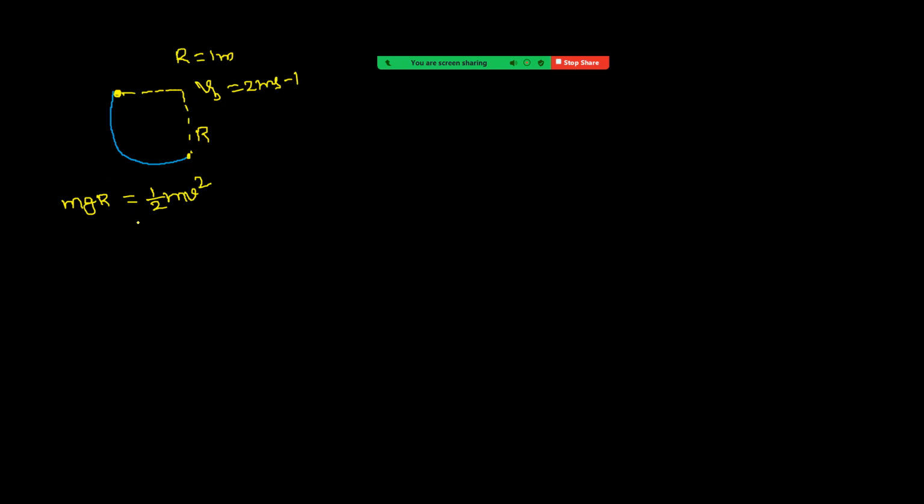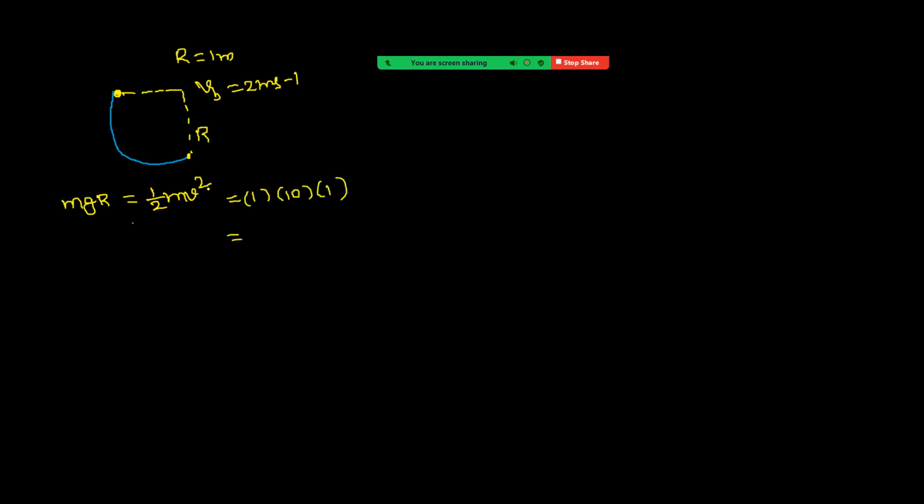But now in this case, because of friction, some part of the energy is lost. So here we are expecting that it should be mgh, with values 1, 10, 1.